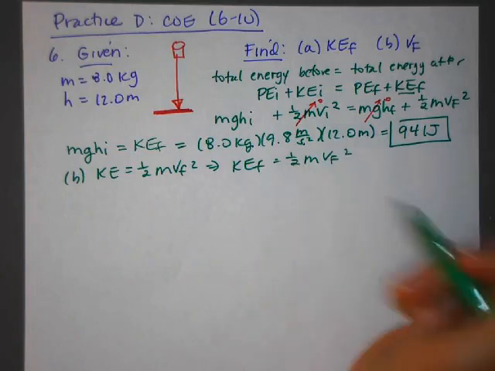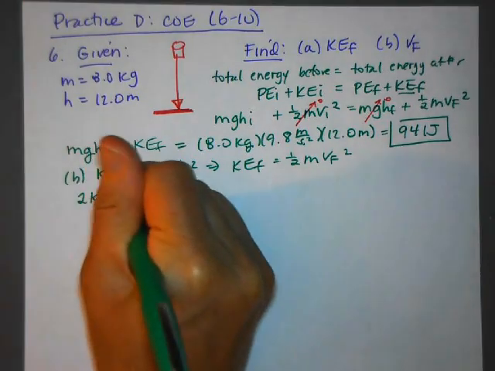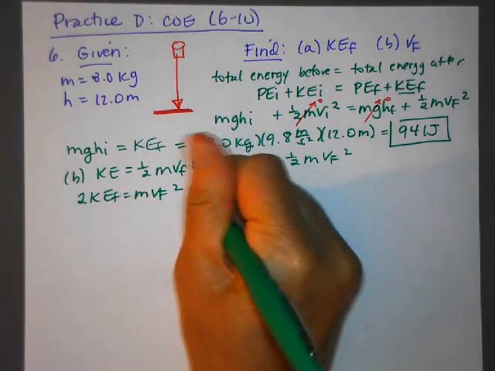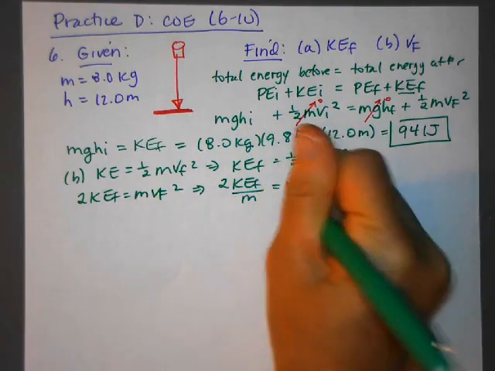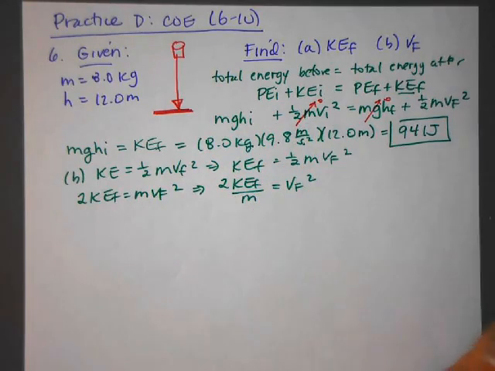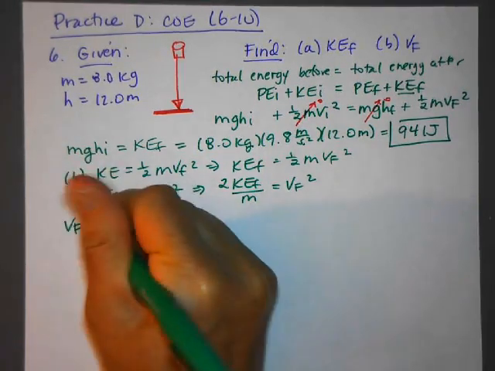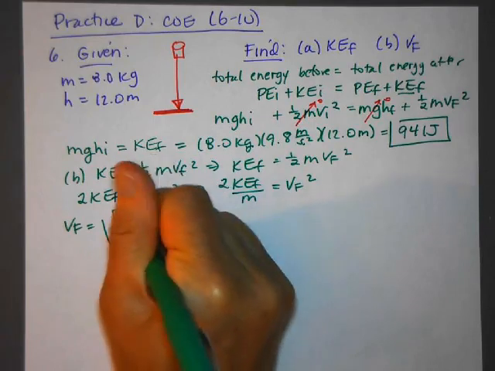So what I'll do is I'll multiply both sides by 2. So I'll have 2 KEF is equal to mvf squared. I'll divide by m, so 2 KEF over m is equal to vf squared. And then I'll take the square root of both sides. So I'll have vf is equal to the square root of 2 KEF over m.